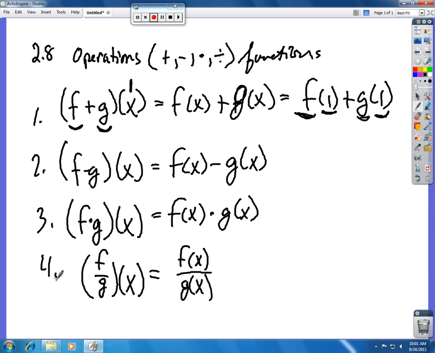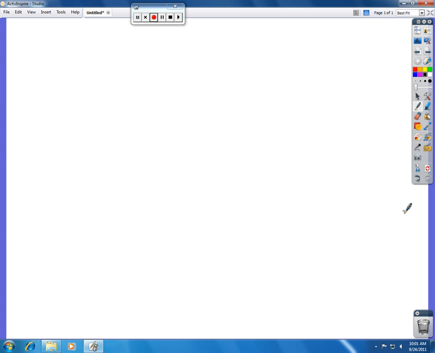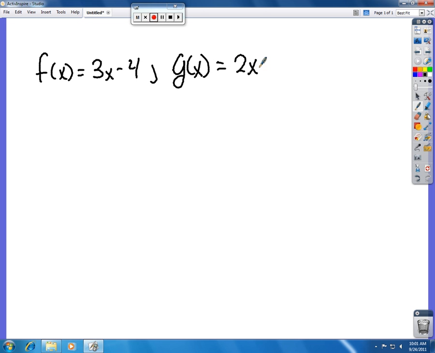So now let's look at a couple examples. So if we had our f of x equal to, let's say, 3x minus 4, and our g of x equal to 2x squared minus 1.